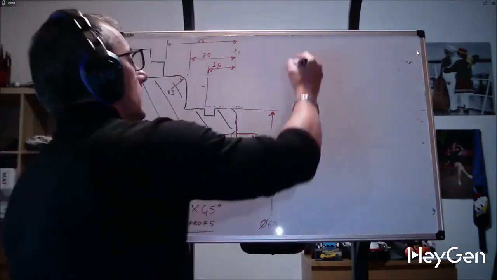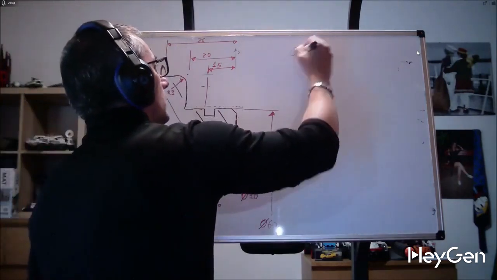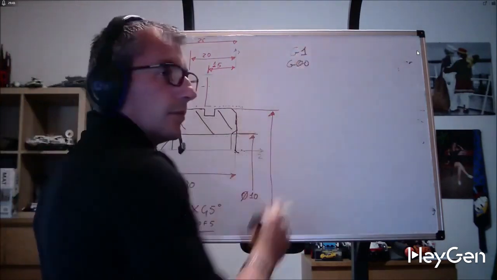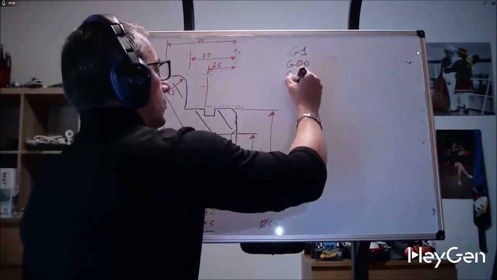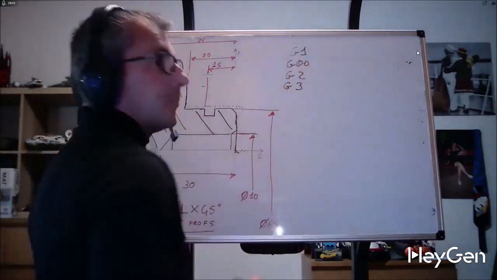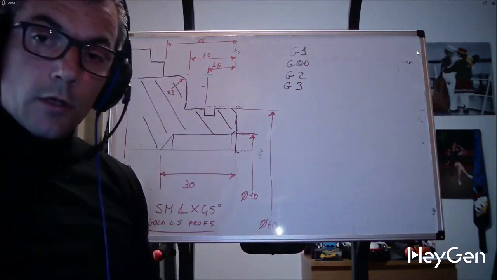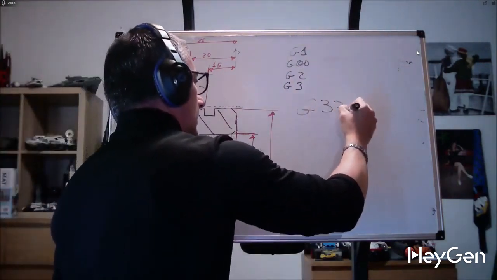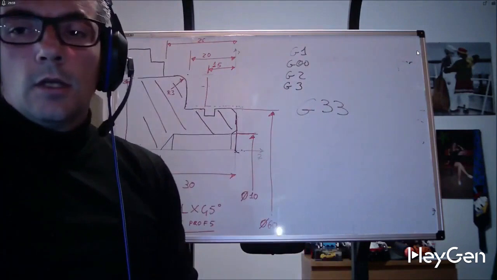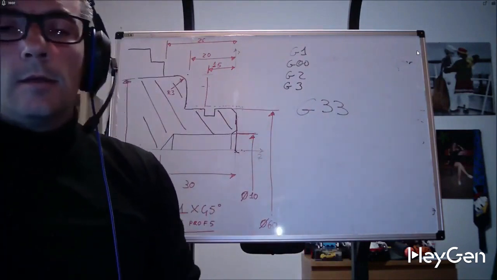And for threading, there is both a fixed cycle and, let's call it, its dedicated interpolation. That is, G1 and G0 are linear interpolations, slow and fast. G2 and G3 are circular interpolations in one direction and the other. G33 does not exist as a term, but we invent it.